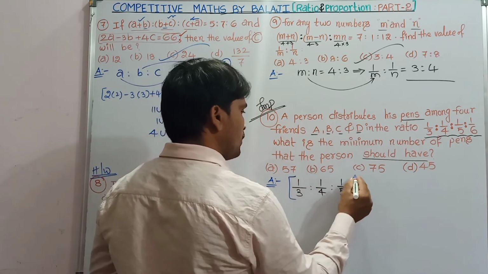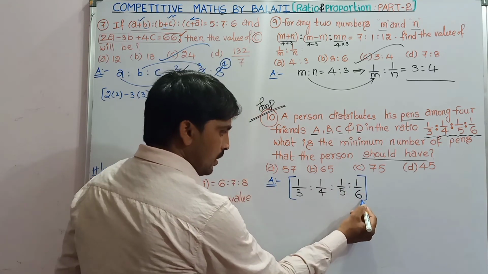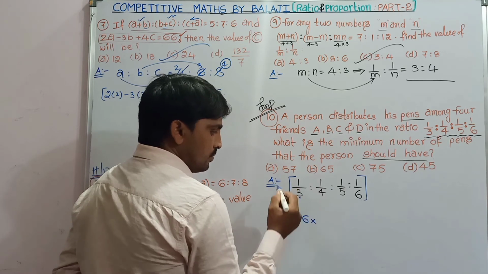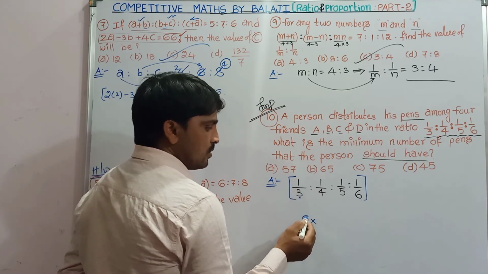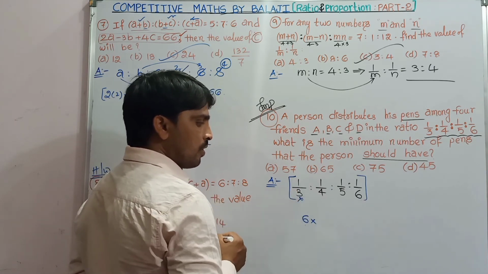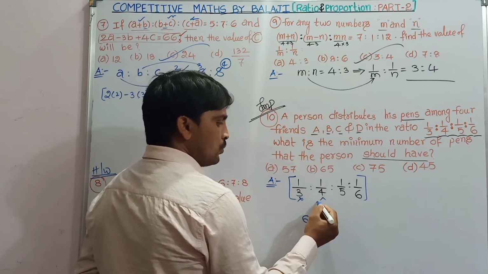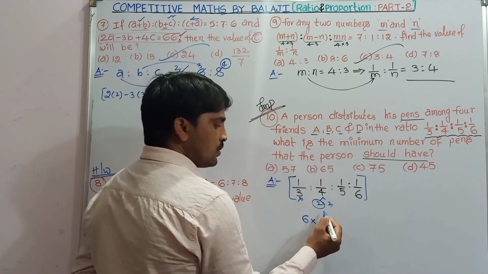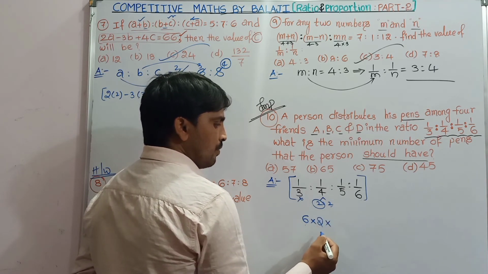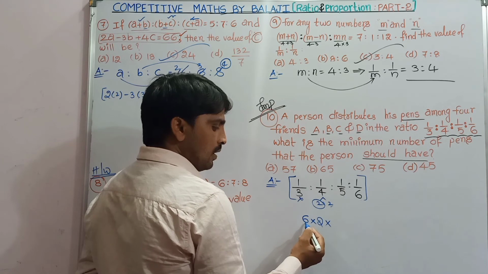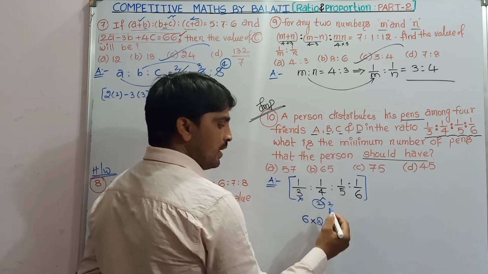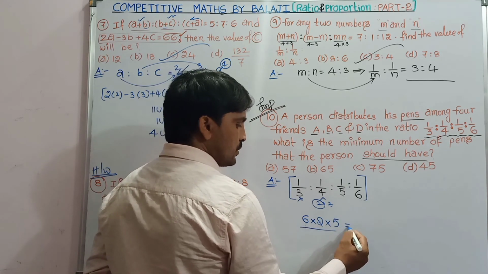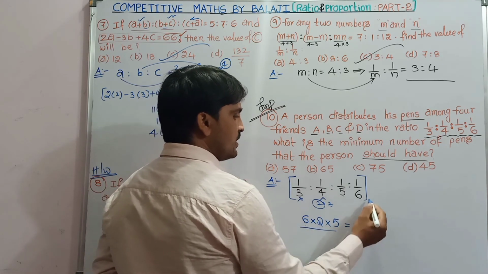I am taking 6. 3 is already in 6, so no need to take it in the product. 4 is 2 2s, but one 2 is already there in 6, so consider this extra 2 in the product. 5 is a prime number, and 6 and 2 have no 5. So 6 2s are 12, 12 5s are 60, which is the LCM.